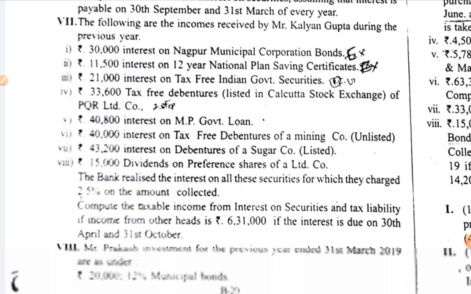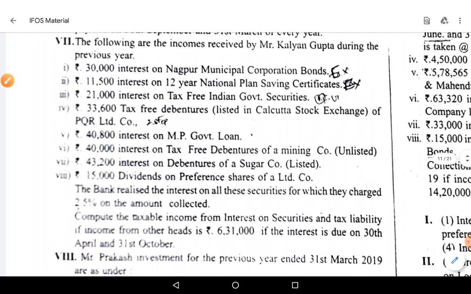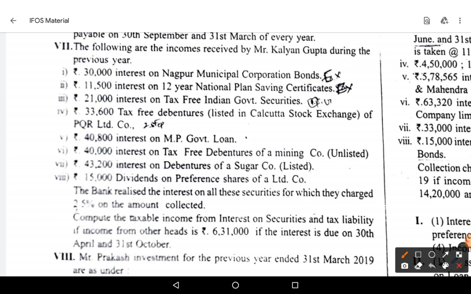So here we are having question number 7 on the screen. So let us see what it says. Question number 7. Following are the incomes received by Mr. Kalyan Gupta during the previous year.